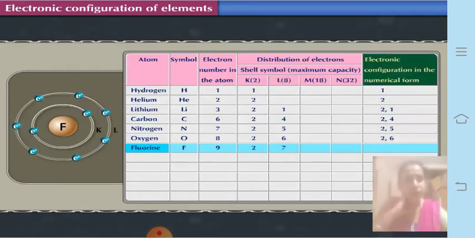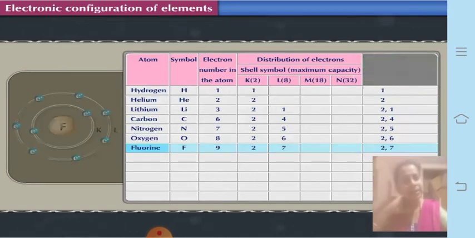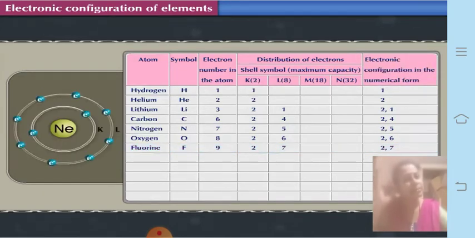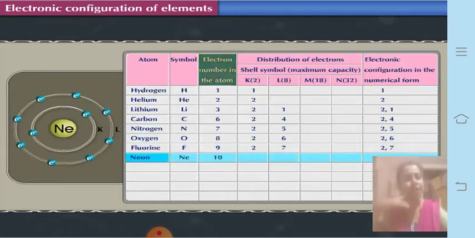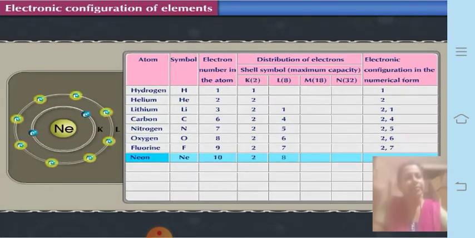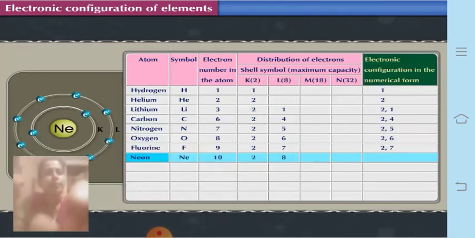Then we have neon, whose symbol is capital N and small e. So Ne is the symbol. It has 10 electrons in its shells: 2 in the K shell, 8 in the L shell. So its electronic configuration becomes 2, 8.